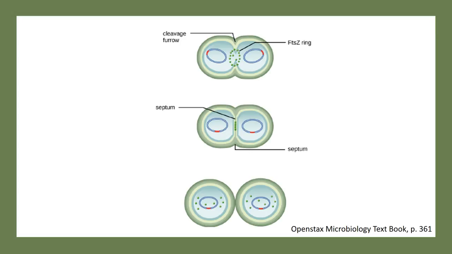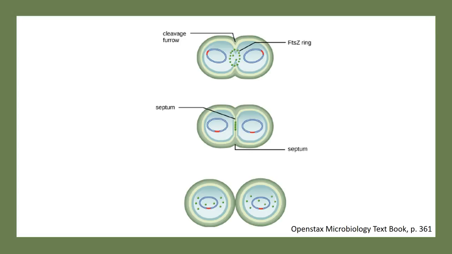This is shown as the internalization of the cell membrane. Eventually the cell membrane meets together as the Z ring tightens all the way, and at the same time, the bacterium secretes enzymes that disrupt the peptidoglycan cell wall. This in effect breaks the covalent bonds found between the NAG and the NAM sugar subunits of the peptidoglycan.